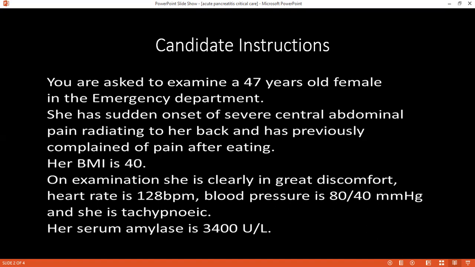Why do you think this patient is tachypneic? The patient may be tachypneic due to pain. There may be peripancreatic collection. What is ARDS? Can you please tell me? Can you define ARDS? When can a patient with acute pancreatitis present with ARDS?